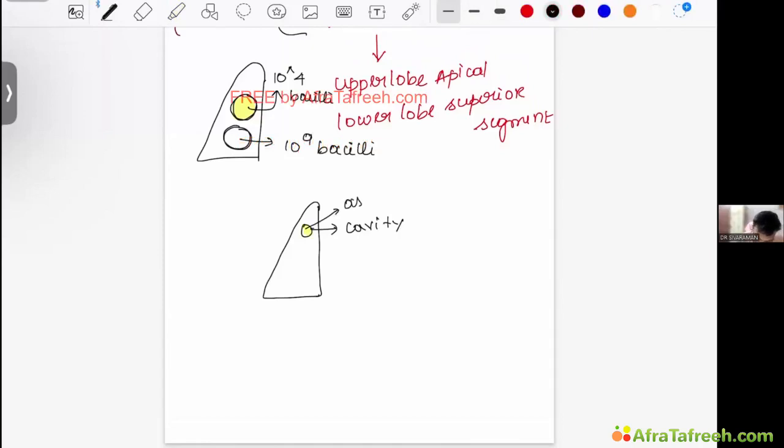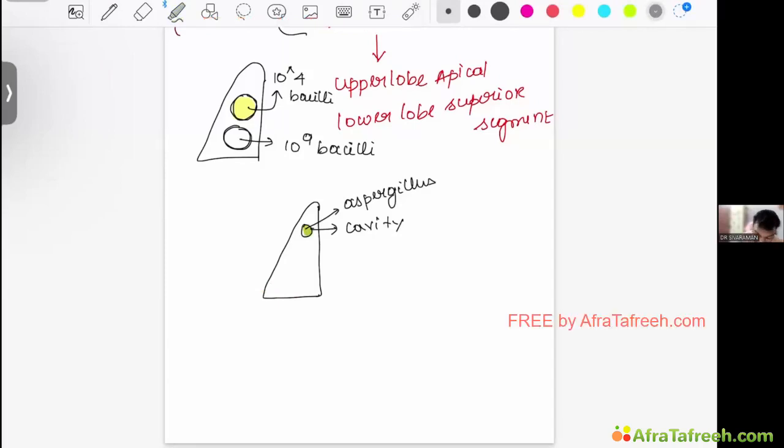What is this called? Aspergilloma. I will put it in black color.